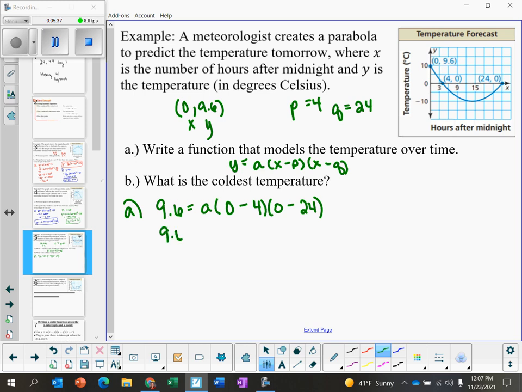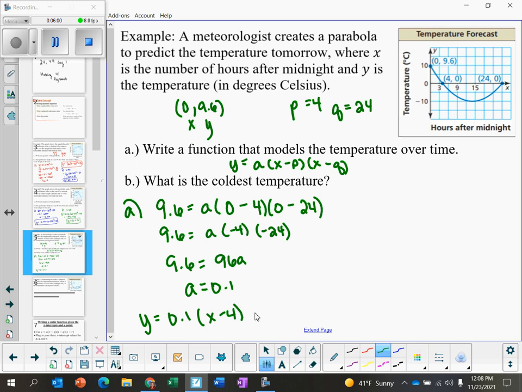So 9.6 equals a times negative 4 times negative 24, or 9.6 equals 96a. So when I divide both sides by 96, a is 0.1. So that means this equation is y equals 0.1 times (x minus 4) times (x minus 24). Right? Final answer should still have the letters x and y in it, but we're replacing everything else.